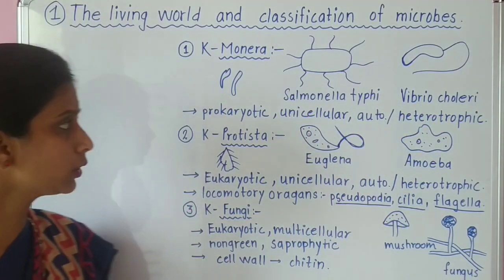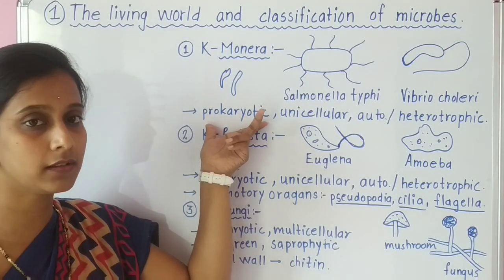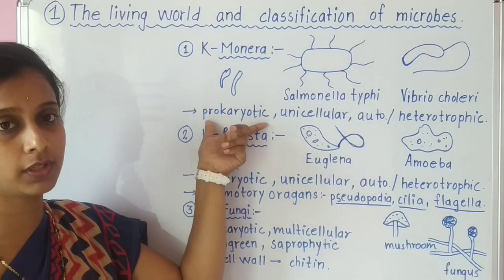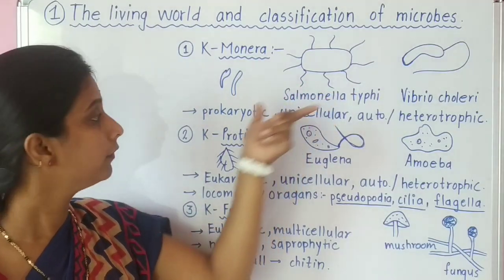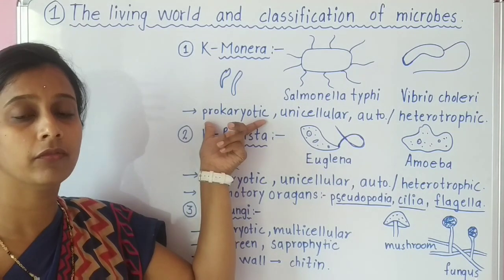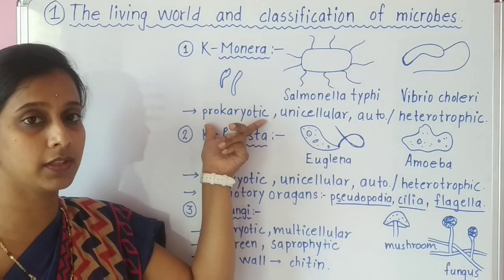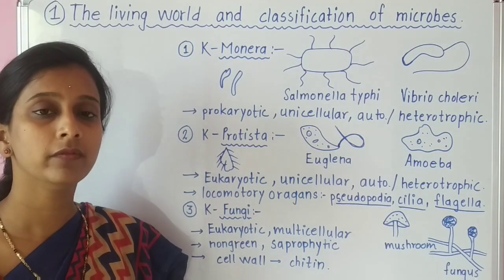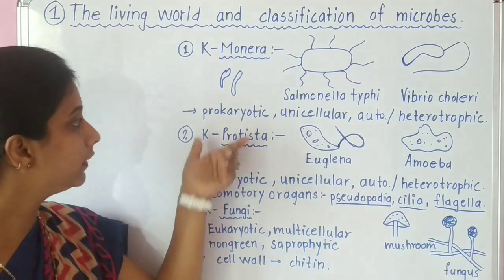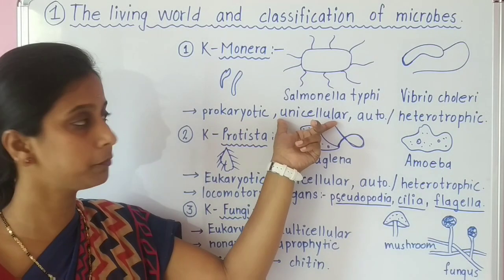Now come to the characteristics. The first characteristic is that they are prokaryotic organisms. As they possess very simple structure, they do not have well-defined cells. Some cell organelles are absent. So all the organisms which come in this kingdom are prokaryotic and unicellular. Only a single cell is present.